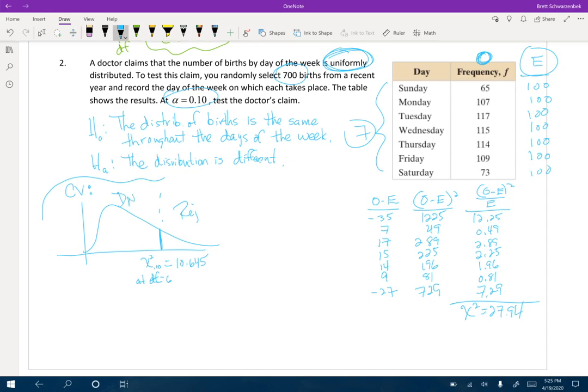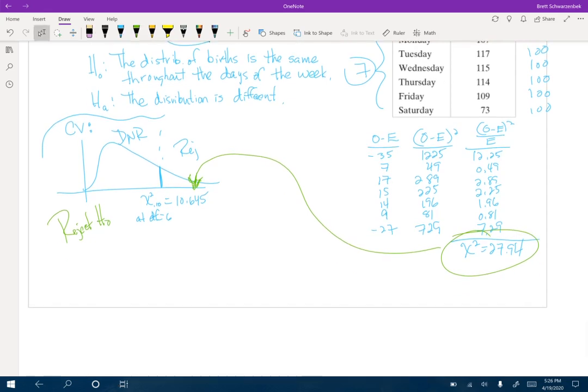So then we take our value, and it's someplace over on the right side of this, which means we clearly are going to reject H naught. What does this mean? This means that clearly the number of births are different for the different days of the week in our scenario. So what about p-value, just to be clear?